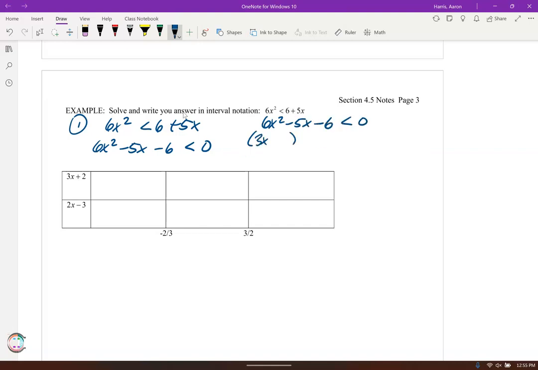I go ahead and factor that. Let's see, what would that be? Plus 2, minus 3. 3x squared minus 9x plus... oh, whoops, that's a 2x right there.